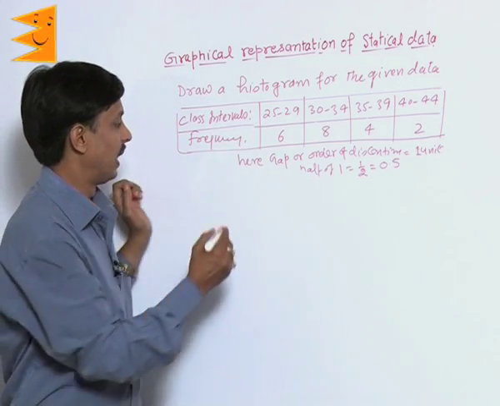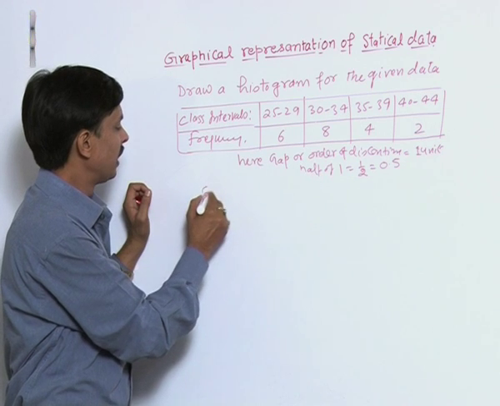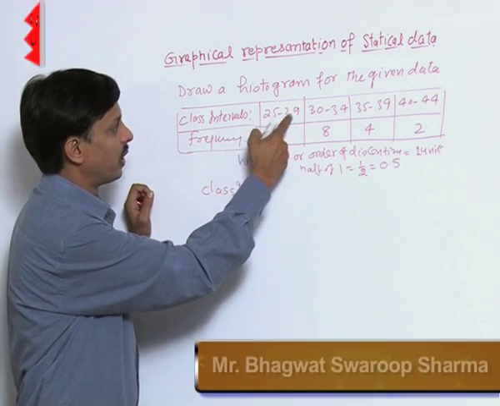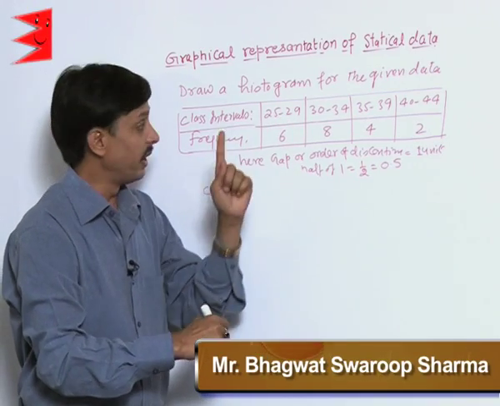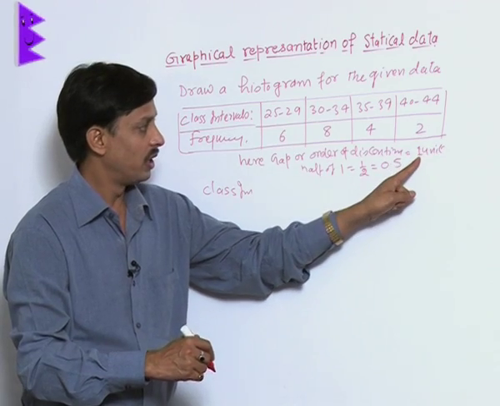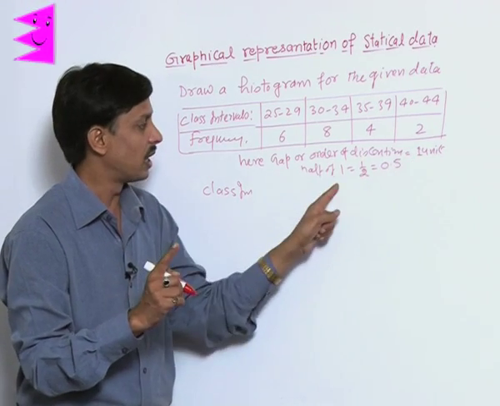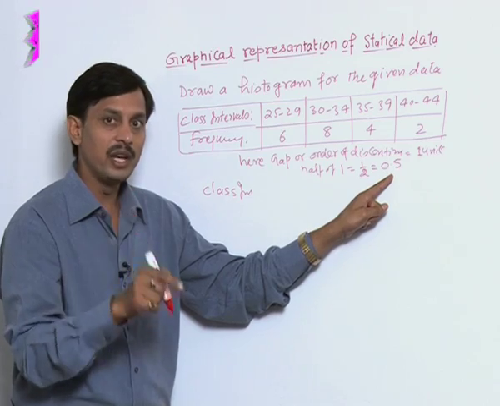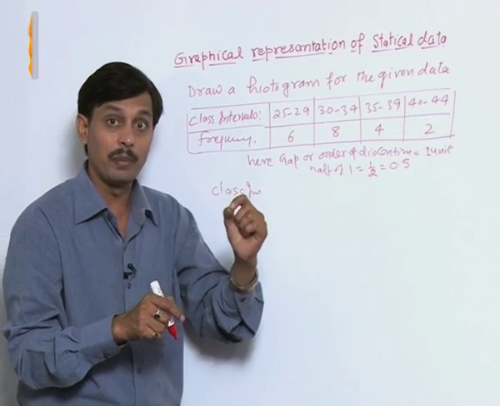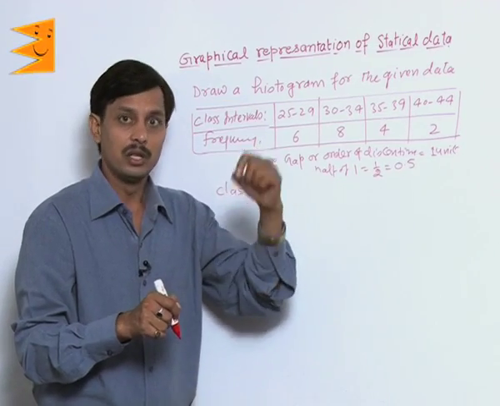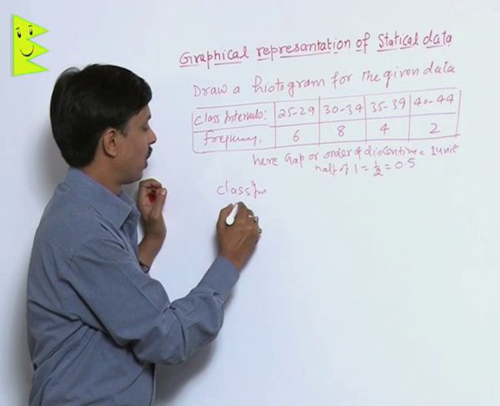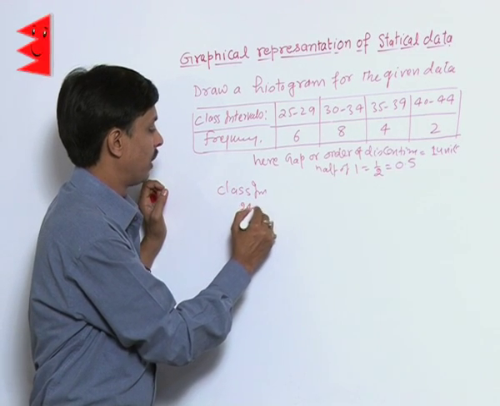Here I am converting the class intervals. The first interval is 25 to 29. Its lower limit is 25. The order of discontinuity here is 1, and its half is 0.5. So I need to subtract 0.5 from every lower limit and add 0.5 to every upper limit. Here 25 becomes 24.5.